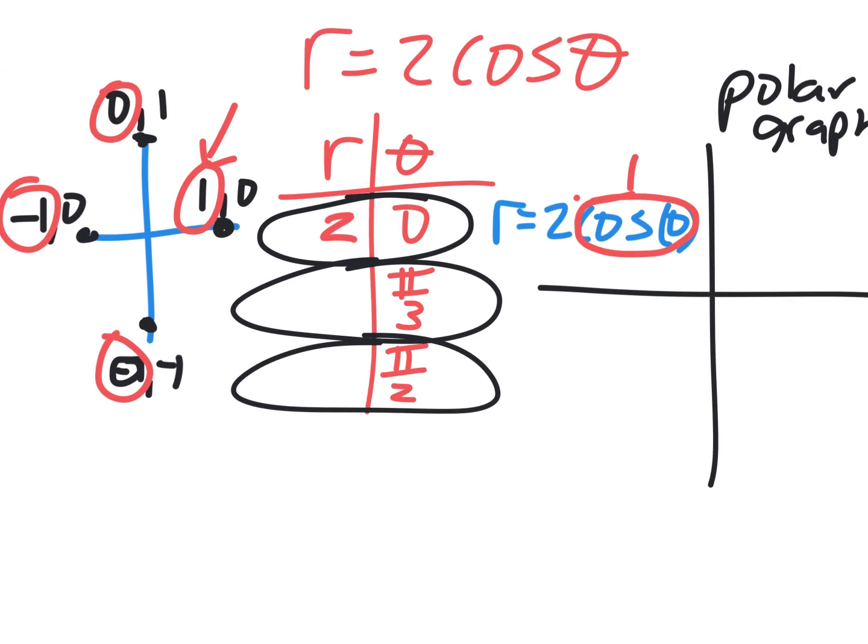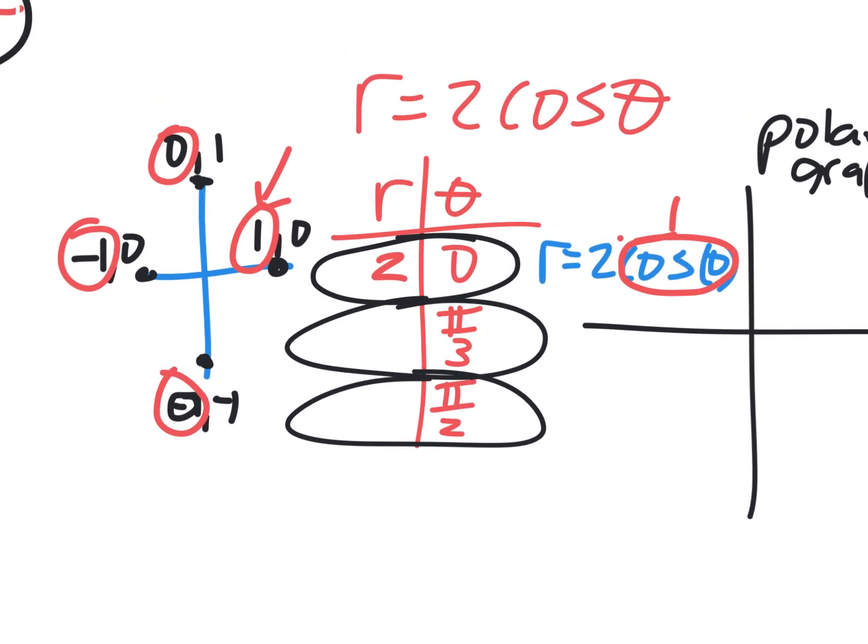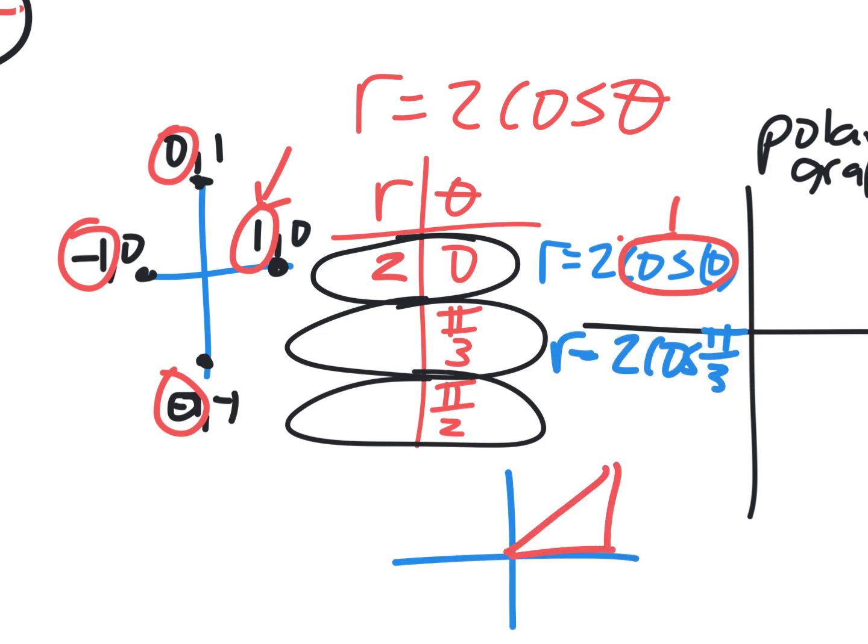Okay. Ashana, can you do the pi over 3 for me? Starts with r equals 2 cosine of pi over 3. I'm drawing a little triangle so that you can save some time here. And this is going to be a 60. All right.